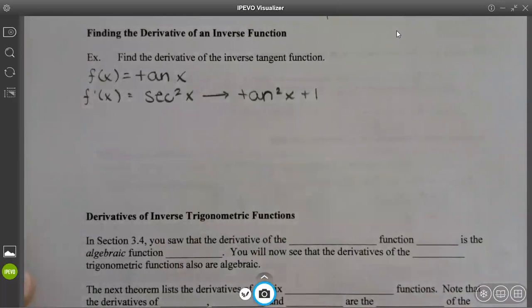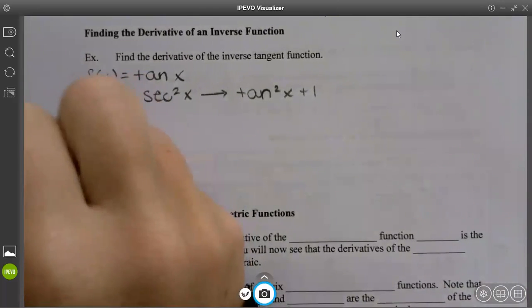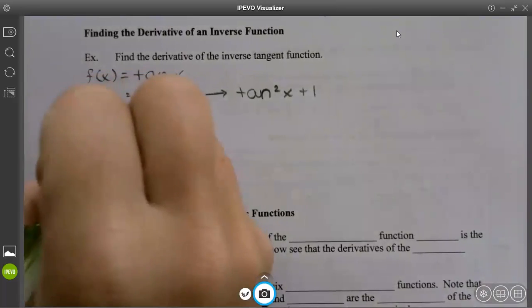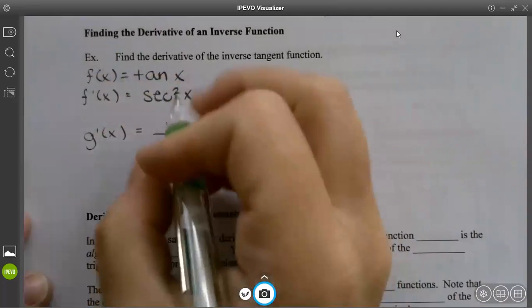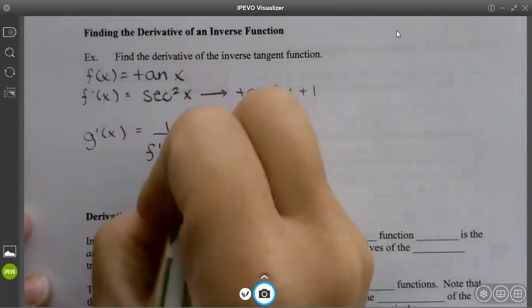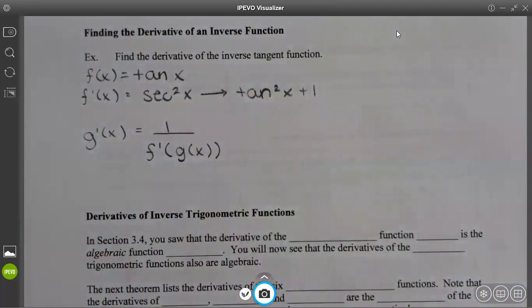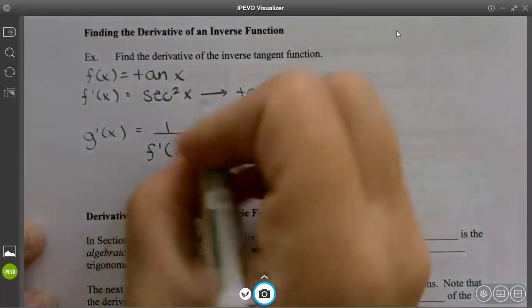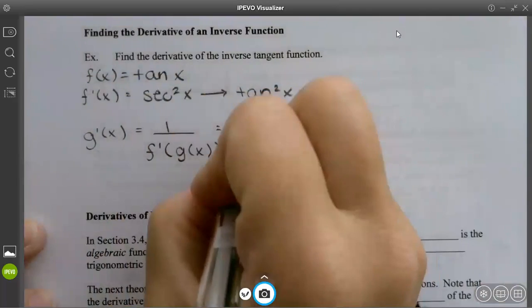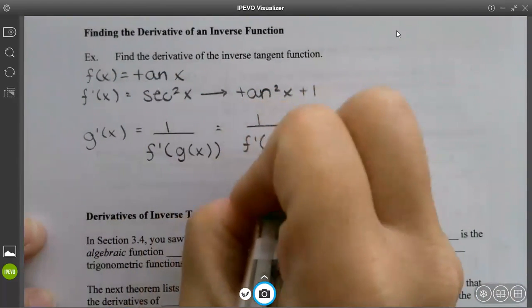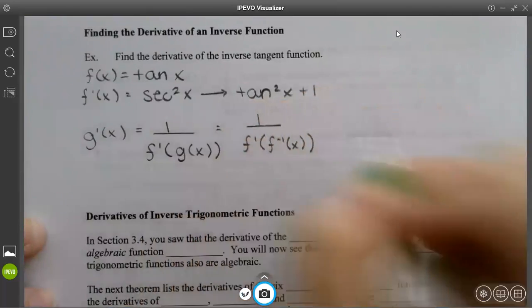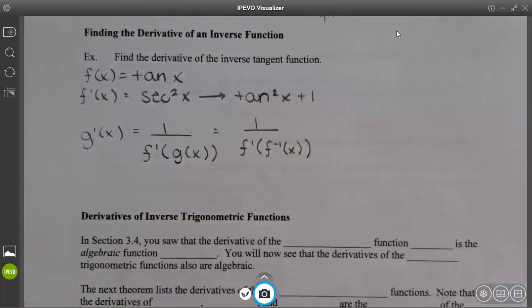So then to do the inverse, we do 1 over f prime of g of x. Which we said g of x was the inverse of x.